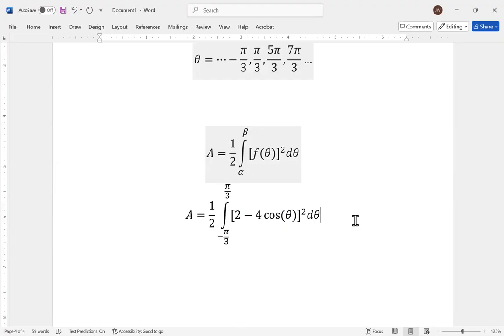When I did that, I ended up with about 2.17. So there we go. That is the area of the inner loop of that limaçon with an inner loop.